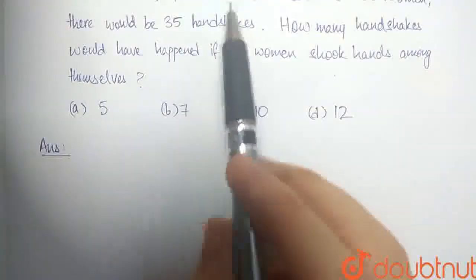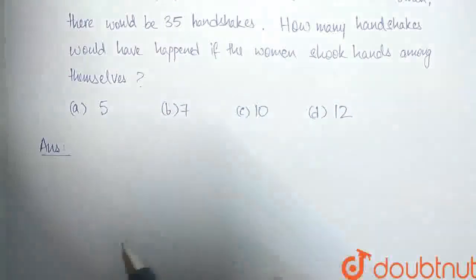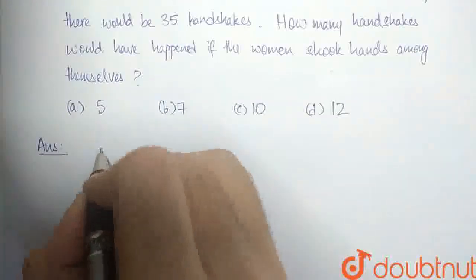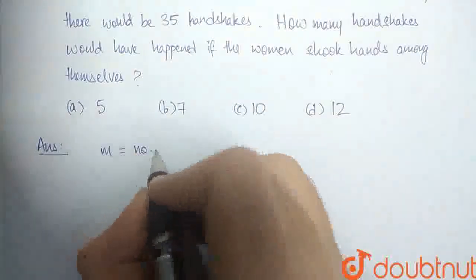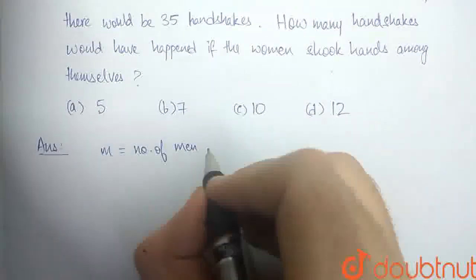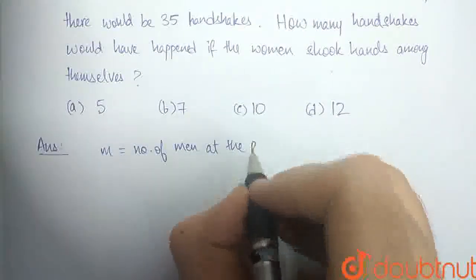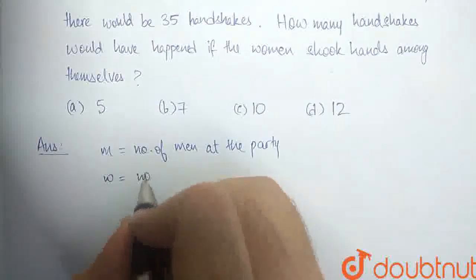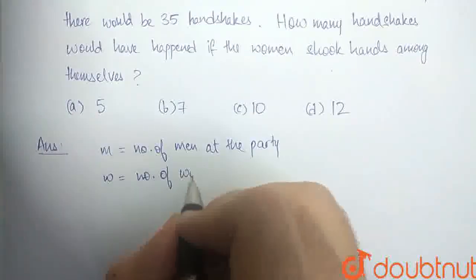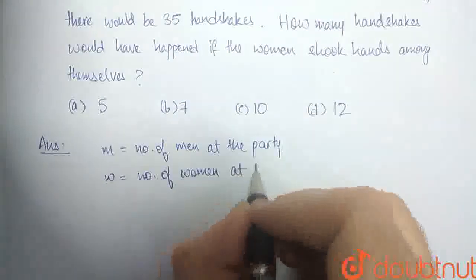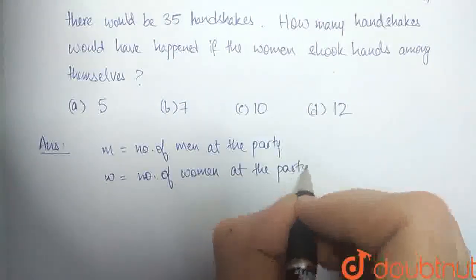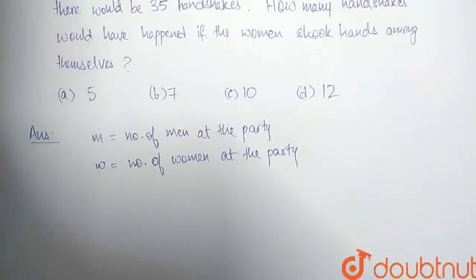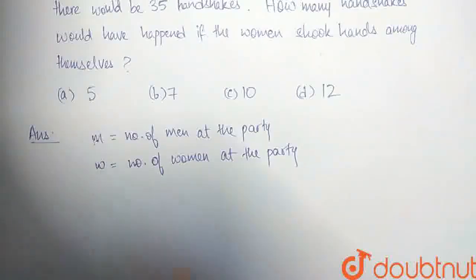So it says that if men shook hands among themselves, there would be 21 handshakes. Now let us assume M to be the number of men at the party, and similarly we'll have W to represent the number of women at the party. Now if men shook hands among themselves, how many handshakes would there have been?